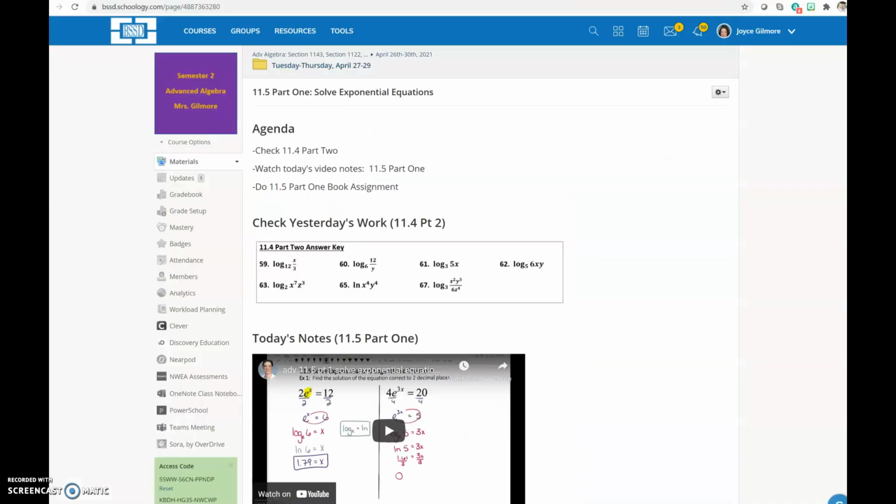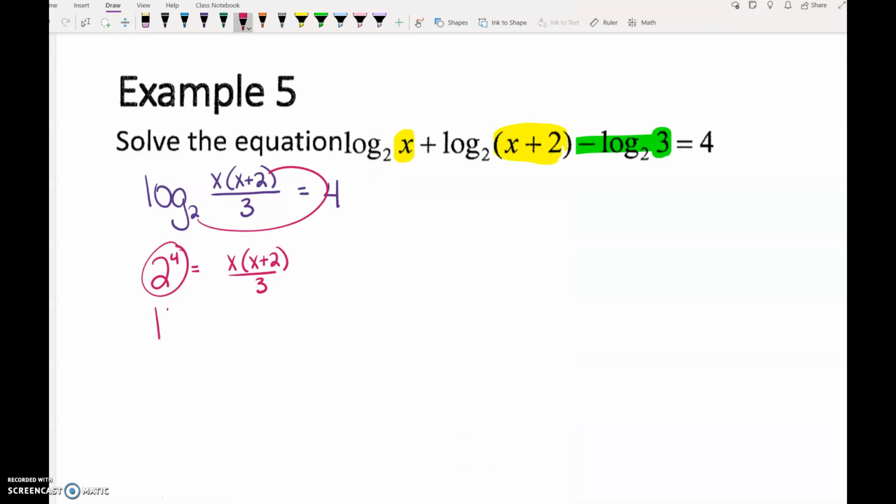So we have 16 equals x times x plus 2 divided by 3. We undo divided by 3 by multiplying by 3. And 16 times 3 is 48. On the right side, we would have left x times the quantity x plus 2.